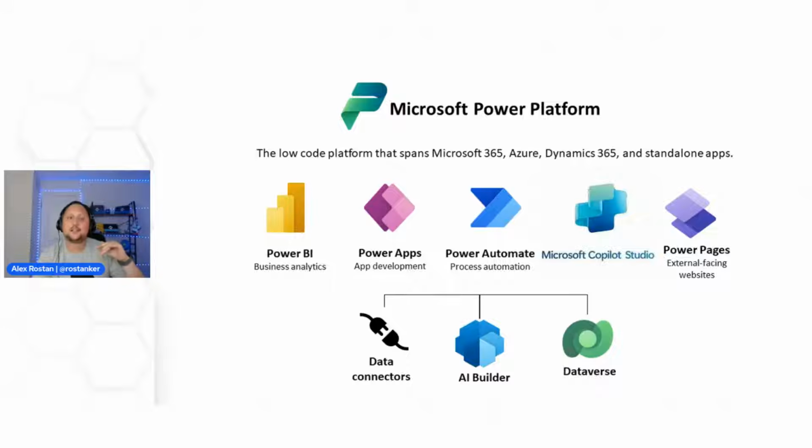And then Power Pages is the Power Platform way to create external websites. When I say external websites, they could be anonymous, so we just publish the website and anyone can access it. But we can also have an external or public website with authentication, so the user needs to authenticate with some kind of authentication provider.